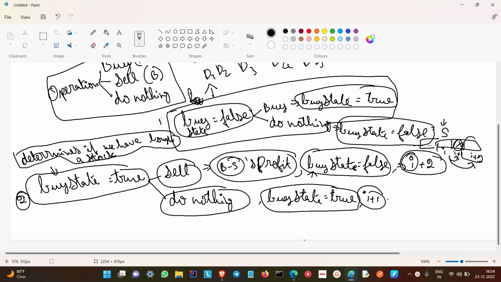And this is for buy state as false, where we can either buy the stock or do nothing. If we buy the stock, we'll move to index i plus 1, and the same goes for do nothing: we continue to move on to the next index. This is what the problem statement states. So how are we going to use these states to determine our answer? This is the question here.